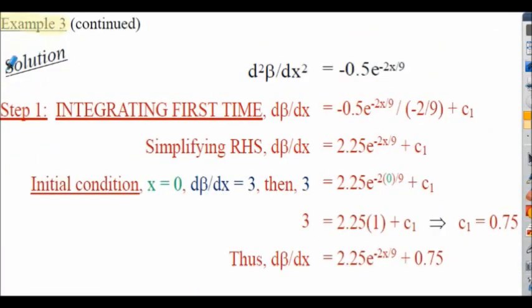Example 3, solution continued. Just repeated this line from the previous slide for our convenience. So now step 1, we integrate for the first time. So on the left hand side we have d beta by dx is equal to negative 0.5 e to the power of negative 2x divided by 9, and that's all divided by negative 2 divided by 9.